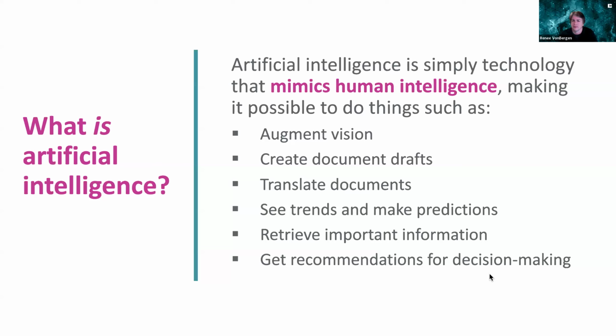So I started talking about this, right? Artificial intelligence is something that mimics human intelligence. It makes it possible through computer vision, for instance, to augment vision, help you detect anomalies, for instance, between two images or something like that. As you well know, through generative AI, you're able to create document drafts or translate documents, anything that's basically generating some form of, we'll call it communication.